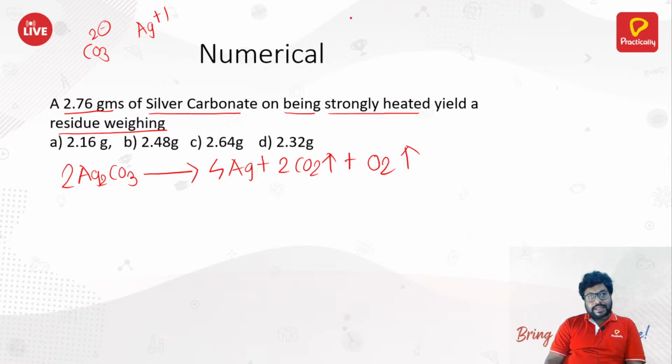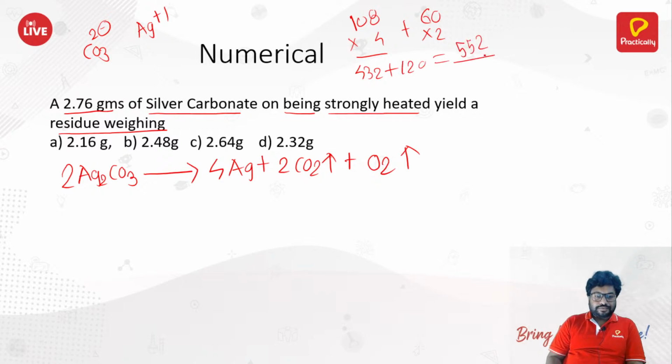So atomic mass of silver is how much? It's 108. You got 4 silver here, 108 into 4, plus CO3. In CO3, oxygen is 3, 16 3s are 48, plus carbon 12. That means you got 60. 60 into 2. So basically 108 into 4 becomes 432. 432 plus 120 becomes 552.